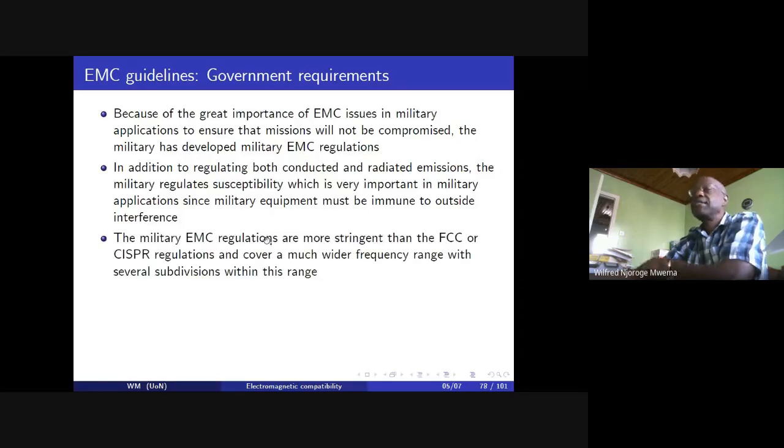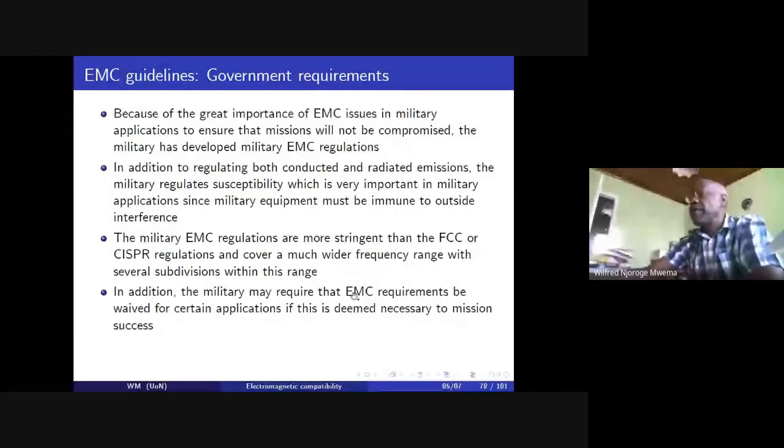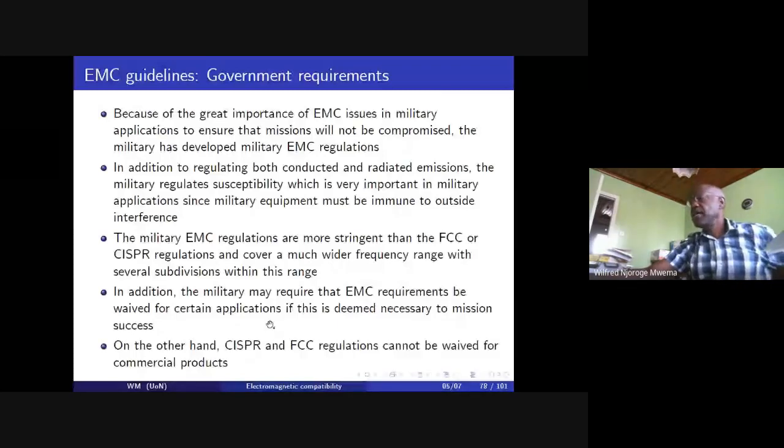So the military EMC regulations are more stringent than the FCC or the CISPR regulations and will cover a much wider frequency range with several subdivisions within this range. In addition, the military may require that EMC requirements be waived for certain applications if this is deemed necessary for mission success. On the other hand, CISPR and FCC regulations cannot be waived for commercial products at all.